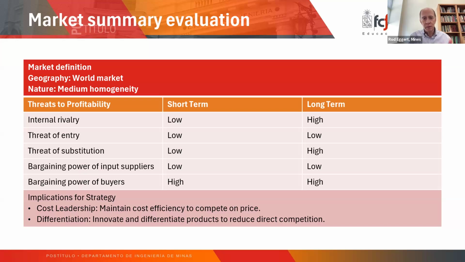There was some new capacity brought online in anticipation of this growth in demand, and it didn't happen. There was a slowdown in the growth in EV sales worldwide, which then had the effect of slowing the increase in the demand for lithium-based batteries.